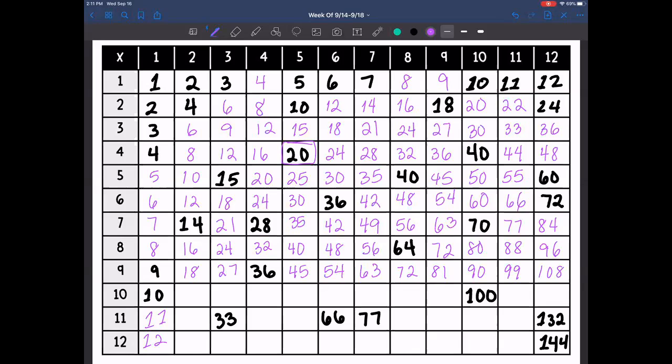All right, the tens. This one's easy. 20, 30, 40, 50, 60, 70, 80, 90, 110, 120. For those of us listening to a bunch of voices saying a bunch of numbers, okay.